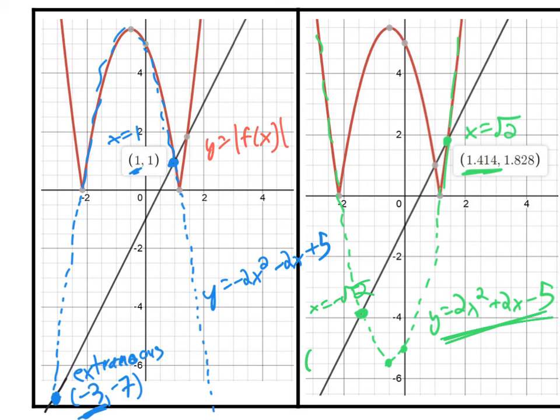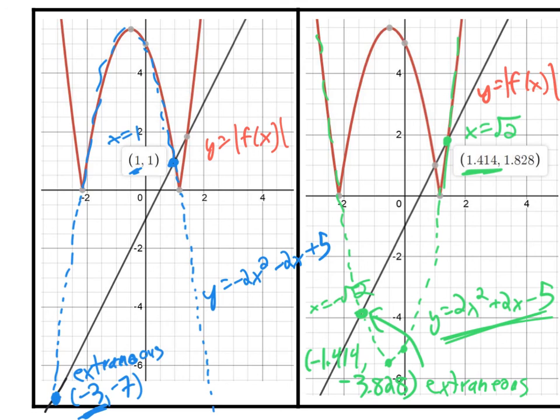So this point ends up being negative 1.414 and negative 3.828. However, it is extraneous because this point no longer exists on the graph. What happened was we applied the absolute value function to this quadratic, and then that point isn't there anymore because that portion of the graph is now above the x-axis.